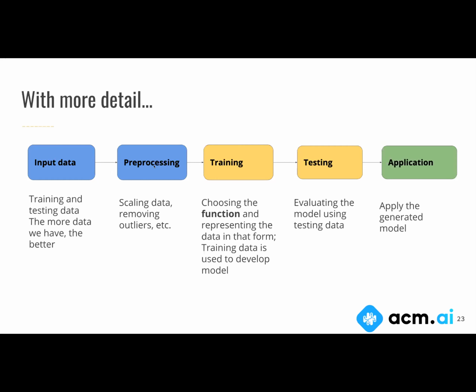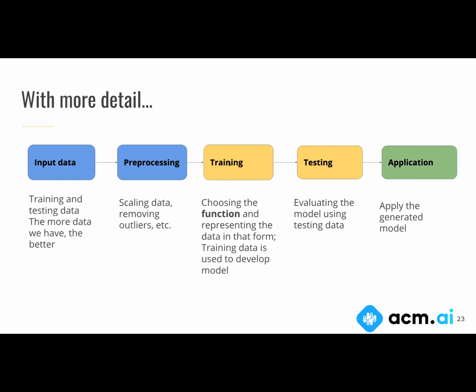The second stage is pre-processing. Pre-processing at its core just means formatting your data in such a manner that is compatible with your machine learning model. You actually do a lot of data cleaning in your pre-processing steps, such as scaling your data and removing outliers.